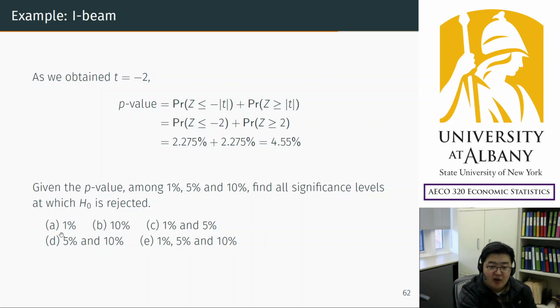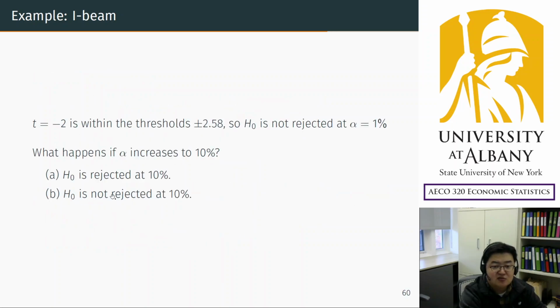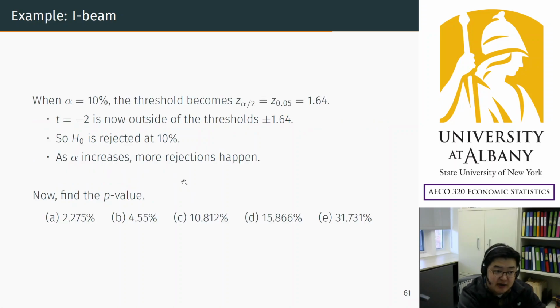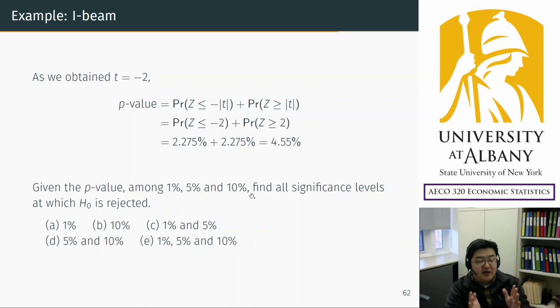Among those three, only 5% and 10% can reject the null hypothesis. If you choose 1%, then you are rejecting only 1%, so 4.5% will be safe. That's how we make the decision based on the p-value. By the way, the p-value approach results are equivalent to the t-statistic approach. You can compare one by one. The results should be the same whether you use the t-stat or p-value approach.